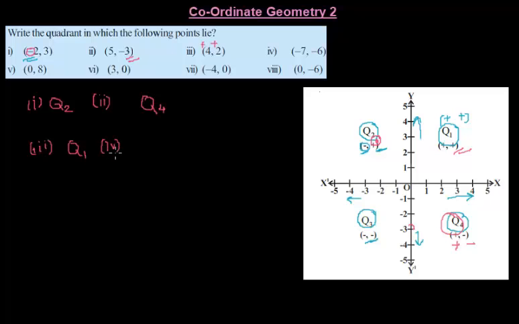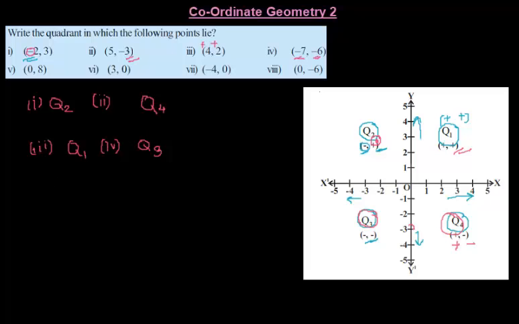The fourth point is -7, -6. That means both the abscissa and the ordinate, that is x and y coordinates, both of them are negative. So, you can identify it as a Q3 point. That means it belongs to the third quadrant. I will be writing it as Q3.